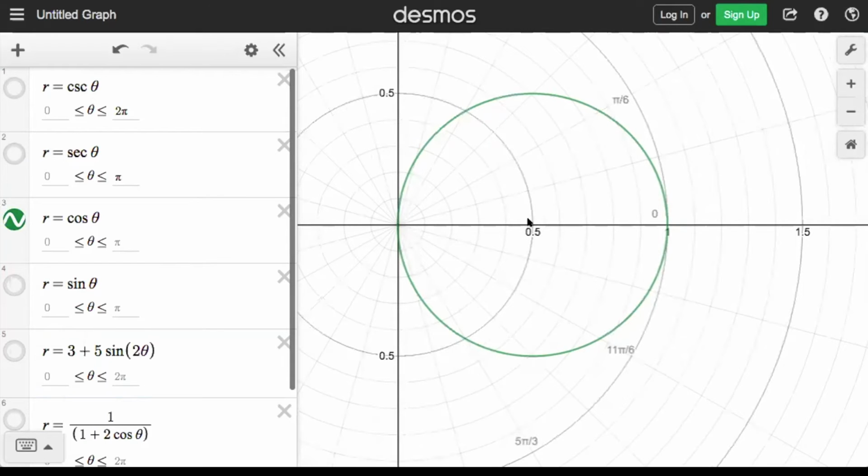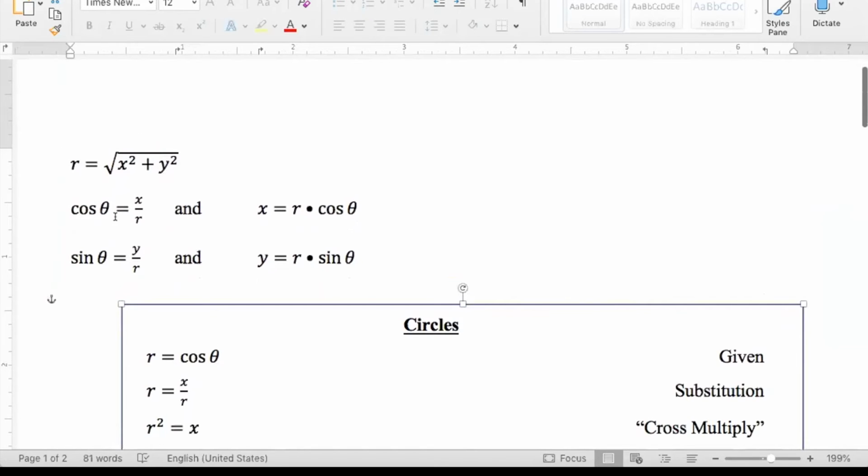So it's got its center at 0.5, and its radius is 0.5. Okay, so these are the things you got to remember, right? You got to remember that r is equal to the square root of x squared plus y squared because of the Pythagorean theorem.